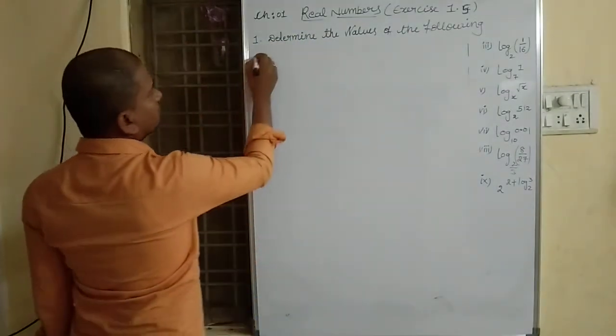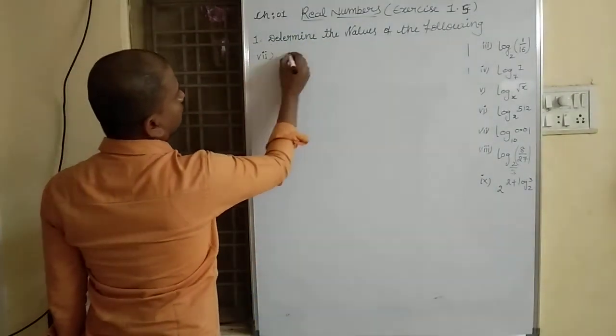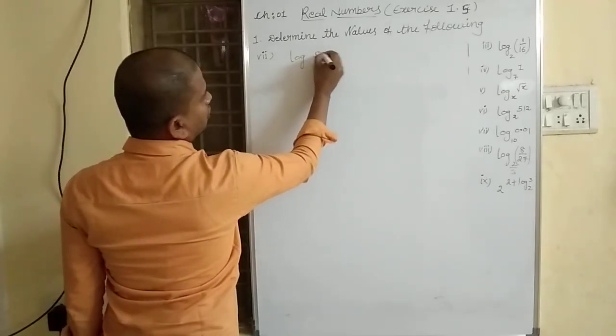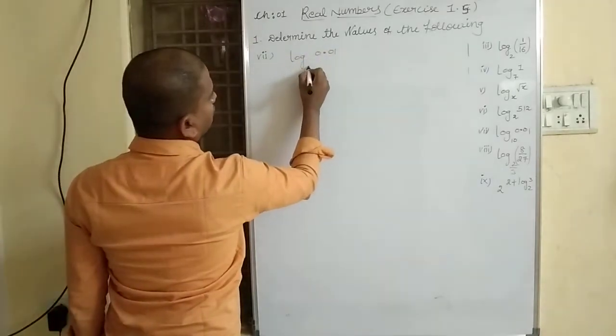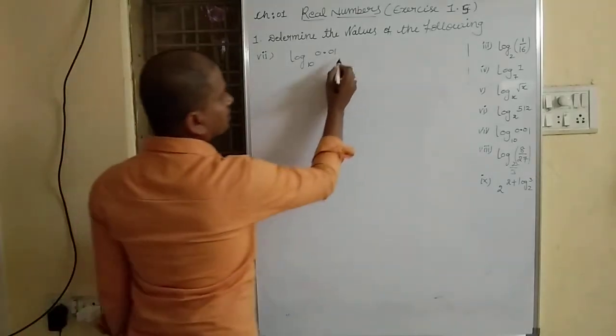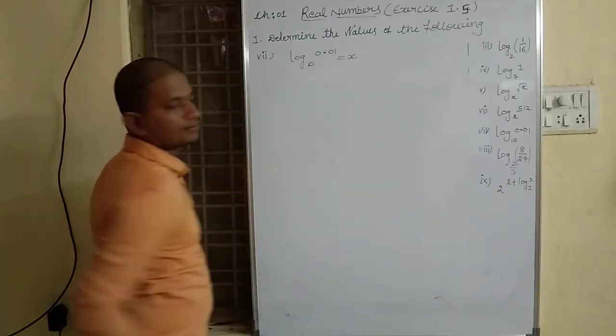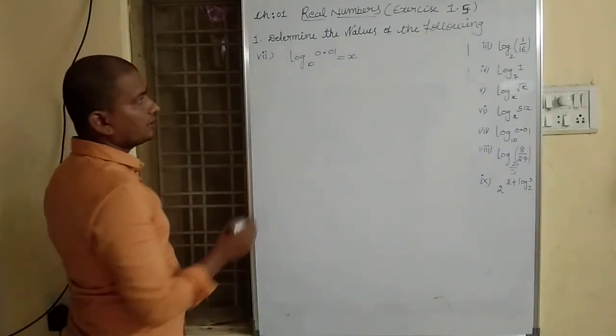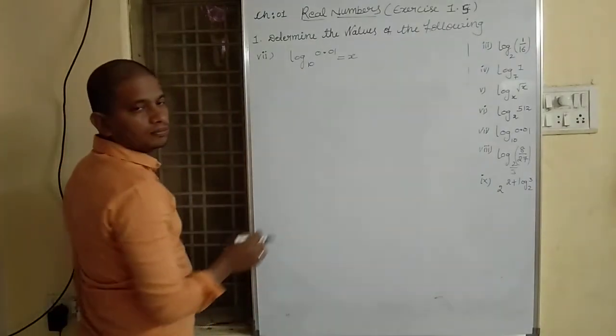Next, seventh one, log 0.01 to the base 10. Let it be x. Again it is in logarithmic form.